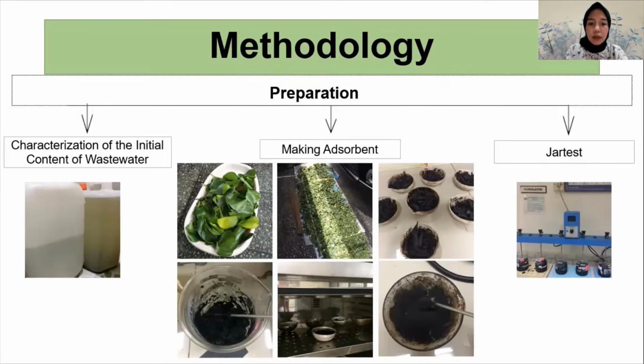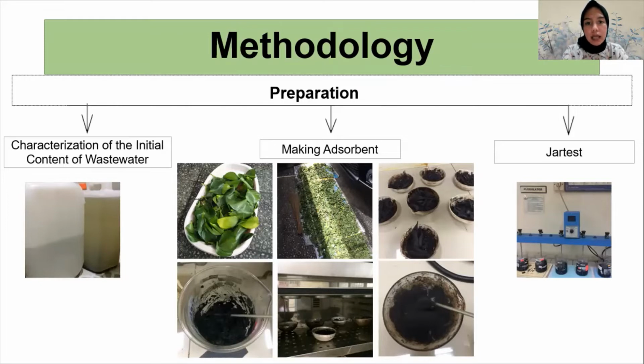Activation of the adsorbent was carried out by pouring the 20% H2SO4 solution into the water hyacinth leaf adsorbent and shaking for 24 hours. Then the adsorbent was rinsed with distilled water and dried in an oven at 110 degrees Celsius for 2 hours, and the adsorbent is ready to use.